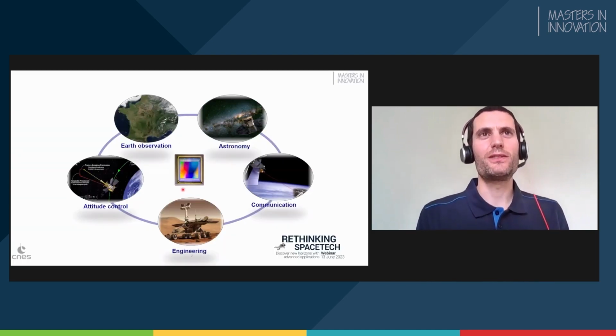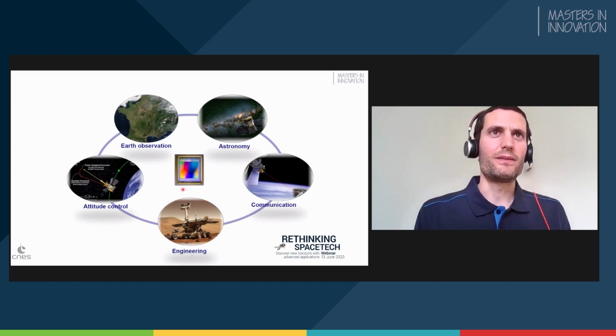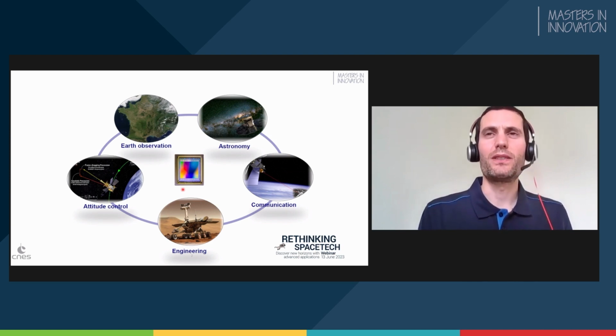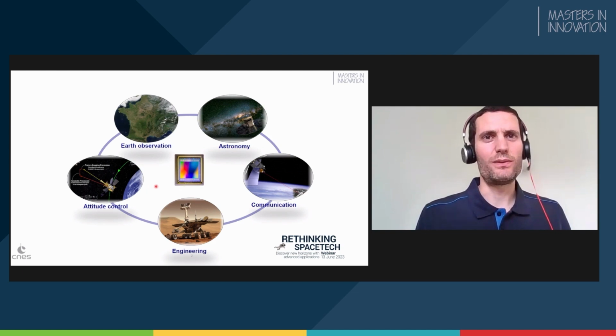For the image sensors, we are looking at a very broad range of applications. First, of course, historically, the CNES has done a lot of Earth observation, and as we know today, it's a very useful field. And also for the science, a lot of astronomy. But more recently, a lot of fields have started to come up, starting with the attitude control, so that the spacecraft can know where it is.